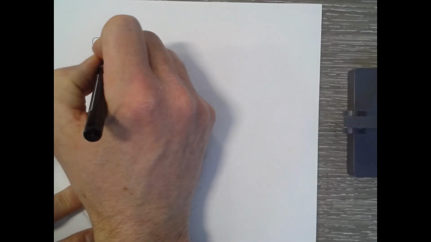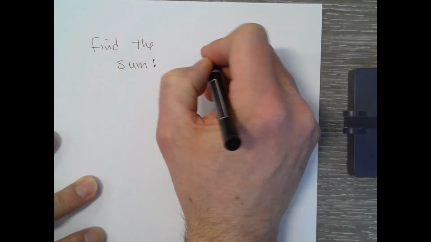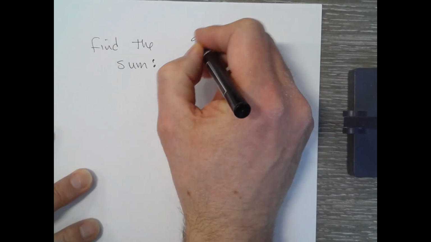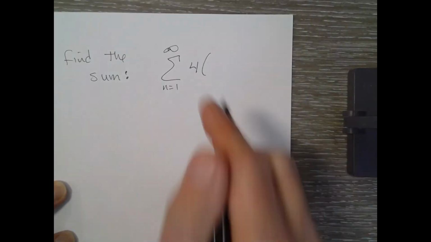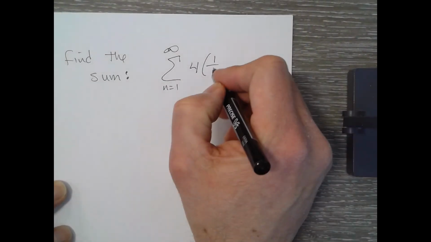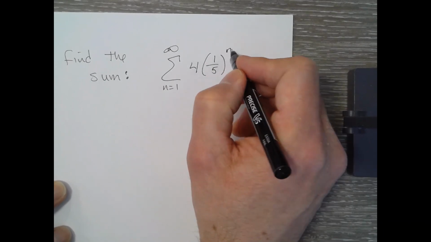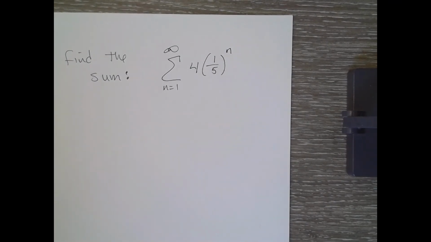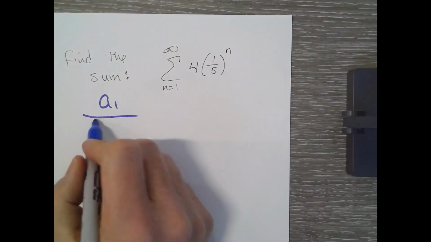Find the sum. All right, I'll give you a second to try it. I'll write the formula: first term over 1 minus r.